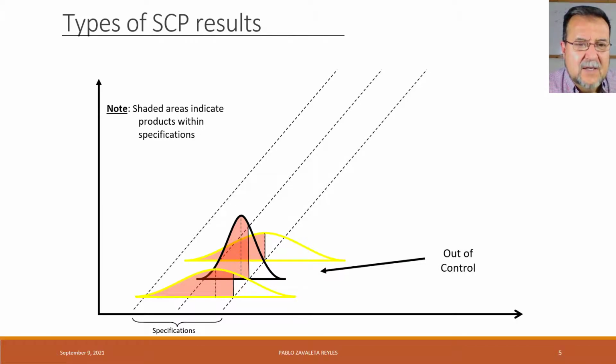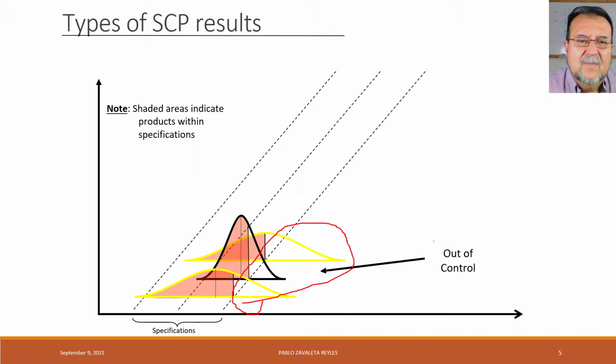As you can see, there are large swaths of our products that are completely out of specifications. It doesn't matter that this shaded area is within specifications. There are too many lost materials and resources being thrown out here. So this is a process that's completely out of control.